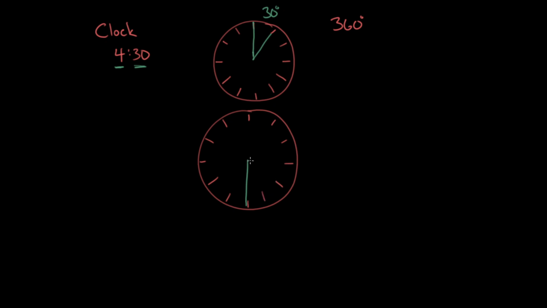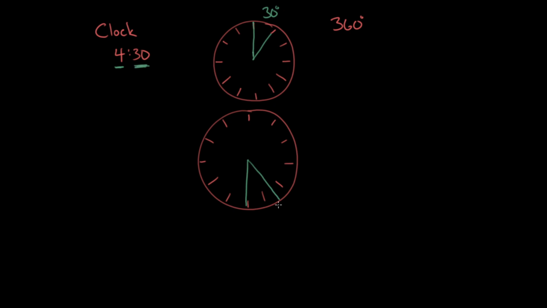So it's going to be somewhere in between the 4 and the 5. The question is, how far in between? The answer is, what fraction of an hour have I gone through? In this case, I've gone through half of an hour.